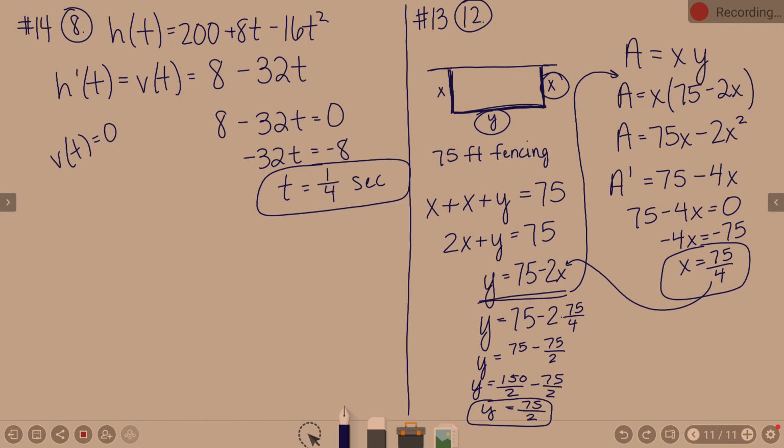Looking back at my drawing, x and y were my dimensions, yes? So what are the dimensions that would maximize the area? 75 fourths by 75 halves. But technically they are feet.